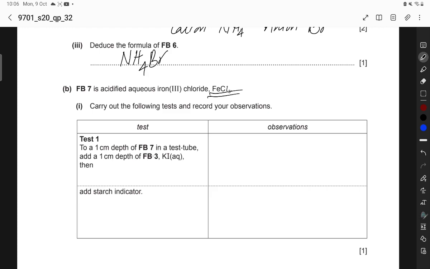To 1 cm of FB7 in a test tube, add 1 cm depth of FB3, aqueous potassium iodide, then add starch indicator.